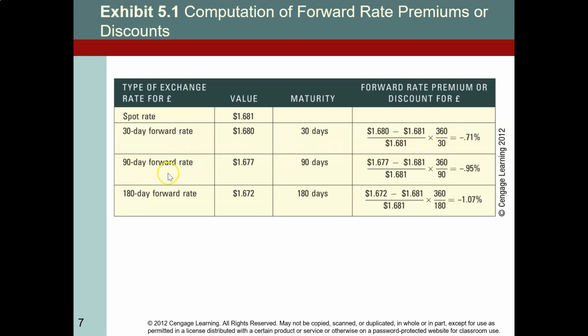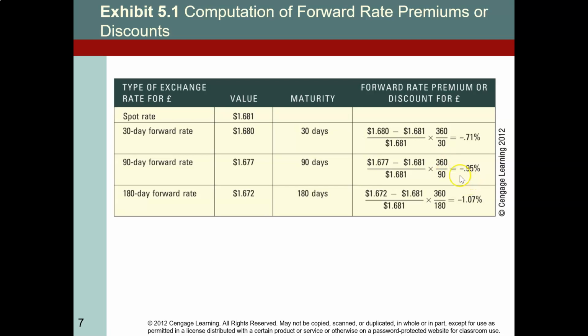If it's a 90-day forward rate, again, we use the forward rate 1.677 minus the spot rate 1.681 divided by the spot rate, multiplied by 360 divided by 90. Okay, because this rate is a 90-day rate, we need to divide by 90 and multiply by 360 so we can annualize it.